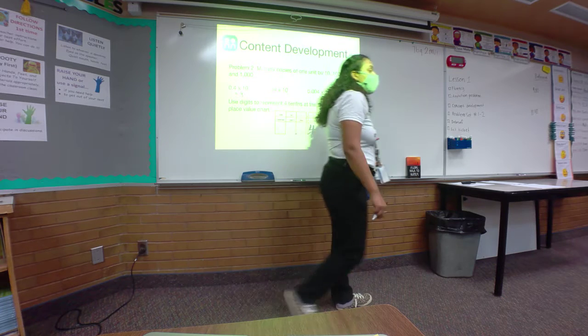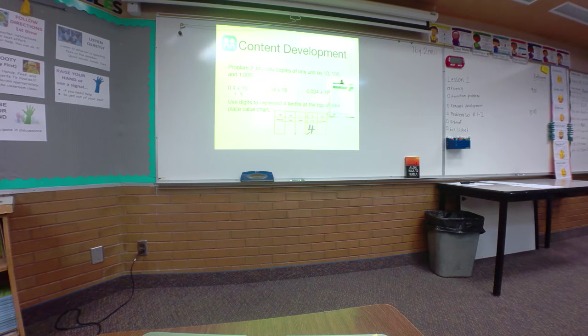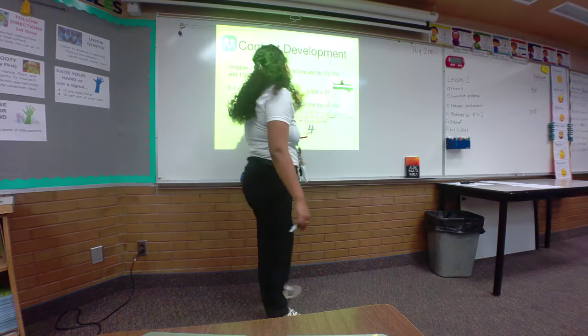So now what are we going to do with the 4 hundredths? What is the equation? Can you erase it or do a new one down here? 4 hundredths. What's our equation?